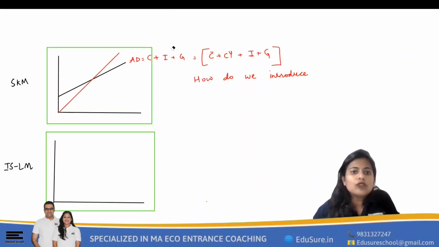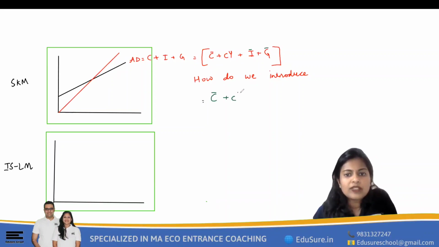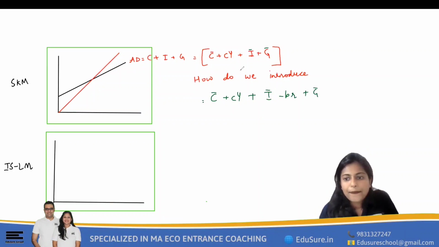Now this AD was C plus I plus G. It is no longer C bar plus cY plus I bar plus G bar. Now it is equal to C bar plus small cY plus investment, which is replaced by I bar minus B into R, plus G bar. So this is going to be the demand function.